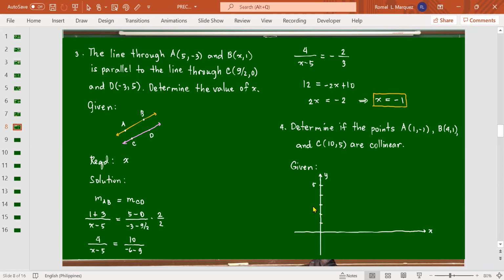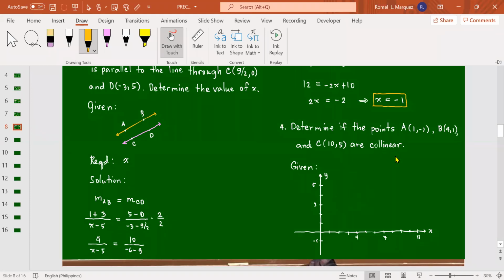So this is 5. This is 3. Then we have -1 here. 1, 2, 3, 4, 5, 6, 7, 8, 9, 10. Okay, so 11 here, 4 here, 5, 6, 7 here. So let's plot the points.